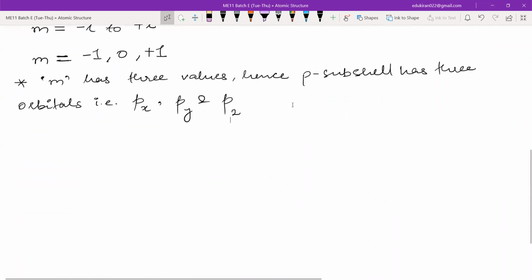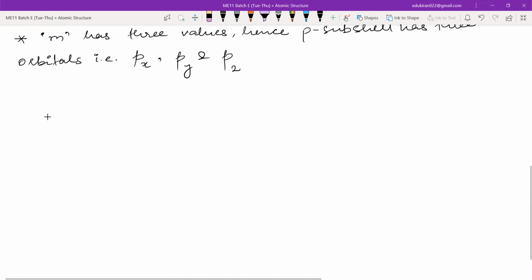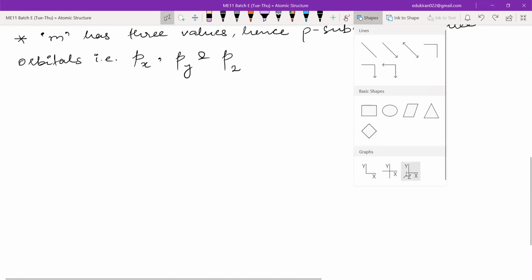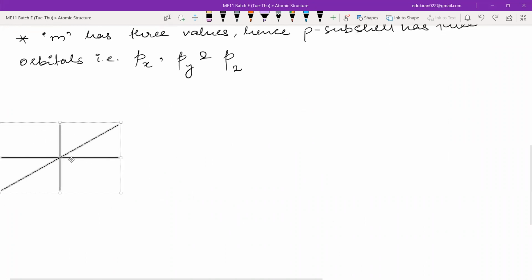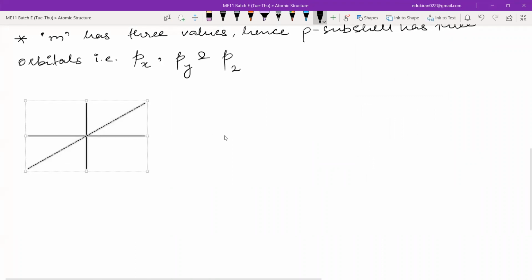Right. Now let us look at the shapes here. Px, because it is on the x-axis. This is the y-axis. This is the z-axis.